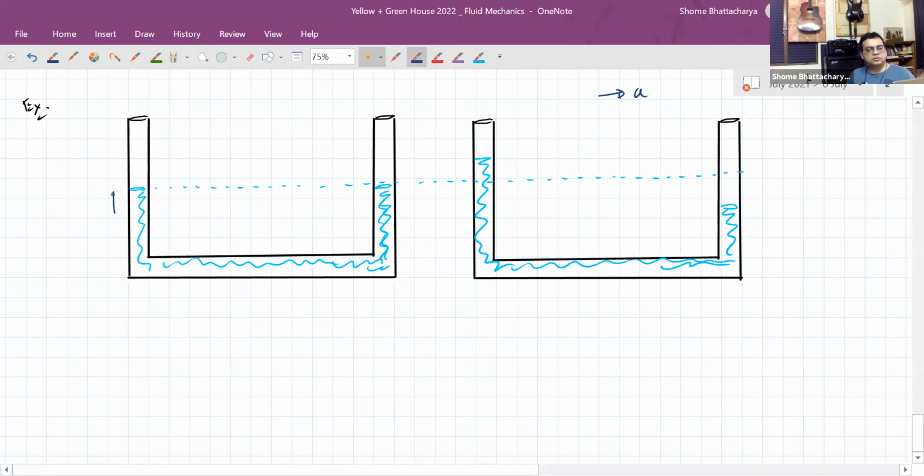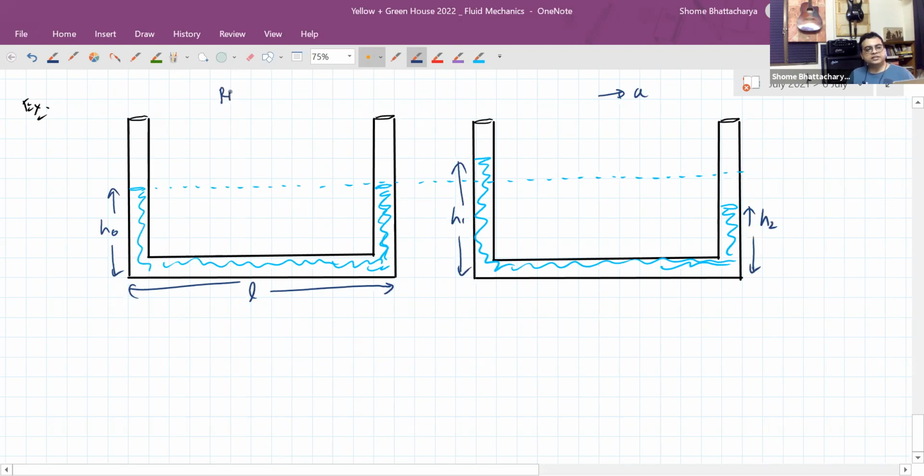If this height was h0 and this length was L, now this new height is h1, this height is h2.